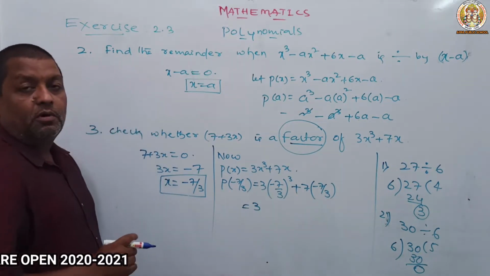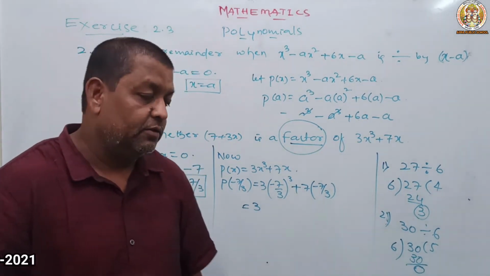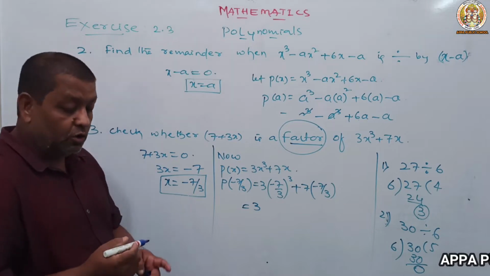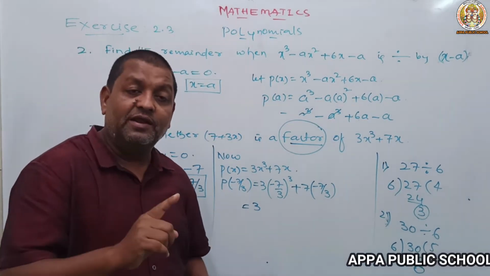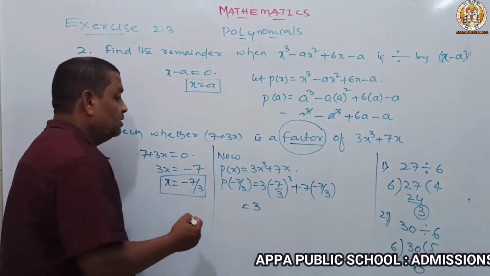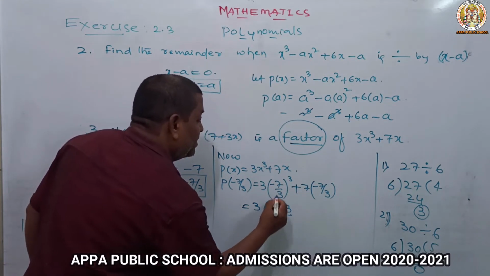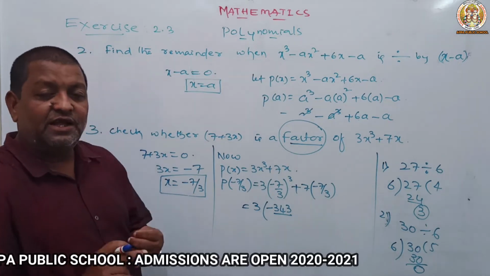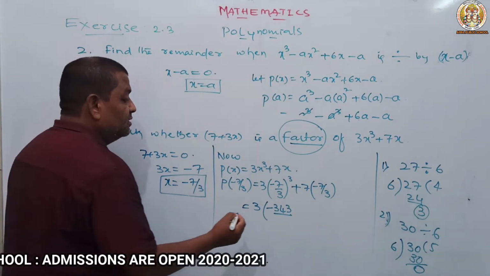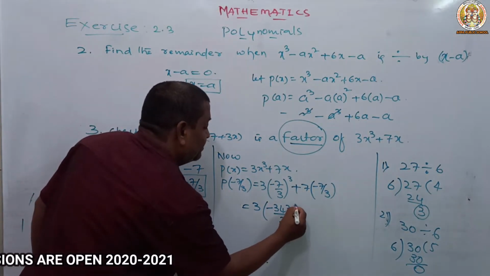Negative to the power of odd is always negative. And 7 cube is 7 into 7 into 7, so that is minus 343. 3 cube means 3 into 3 into 3, that is 27.